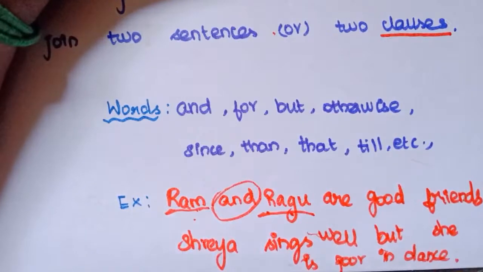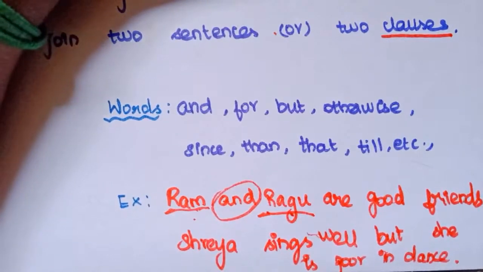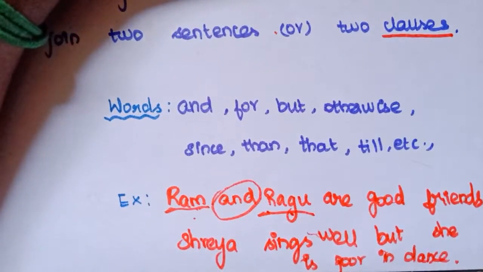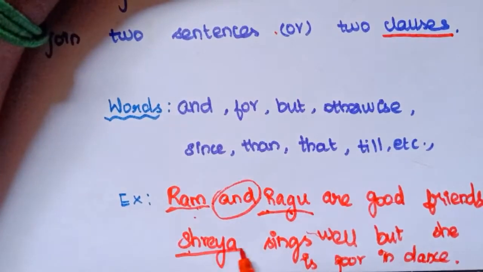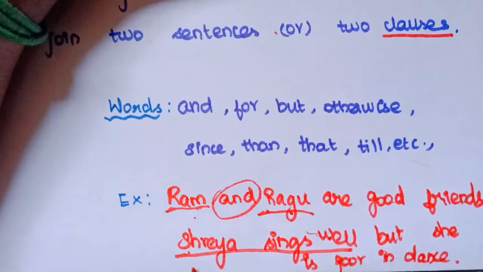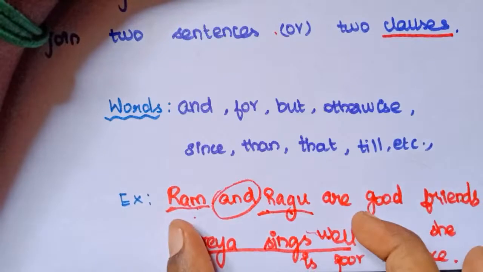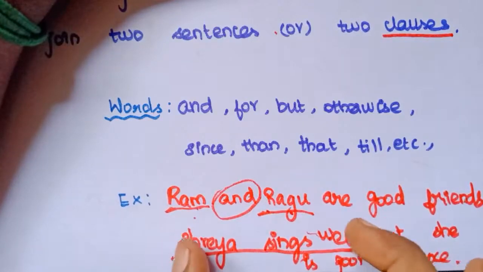So here, our definition is justified. See what is given here: Shreya sings well. Am I correct? This makes complete sense, so it is a separate sentence here.